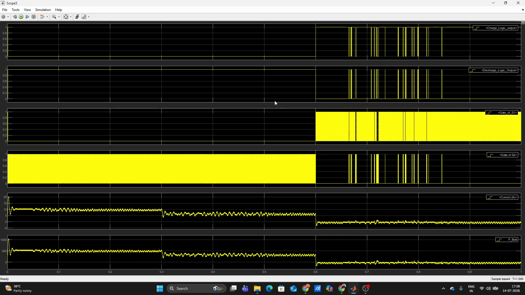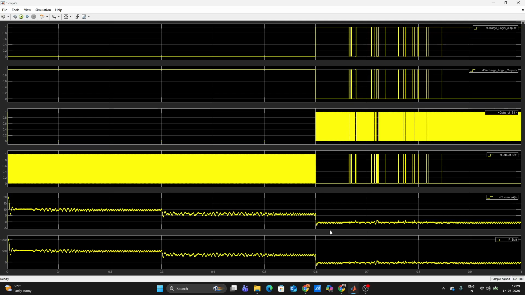This is 1 at this time for discharge, so sorry, the gate pulse of S2. It's getting the pulse, and here the S1 switch, the charging one, is working.